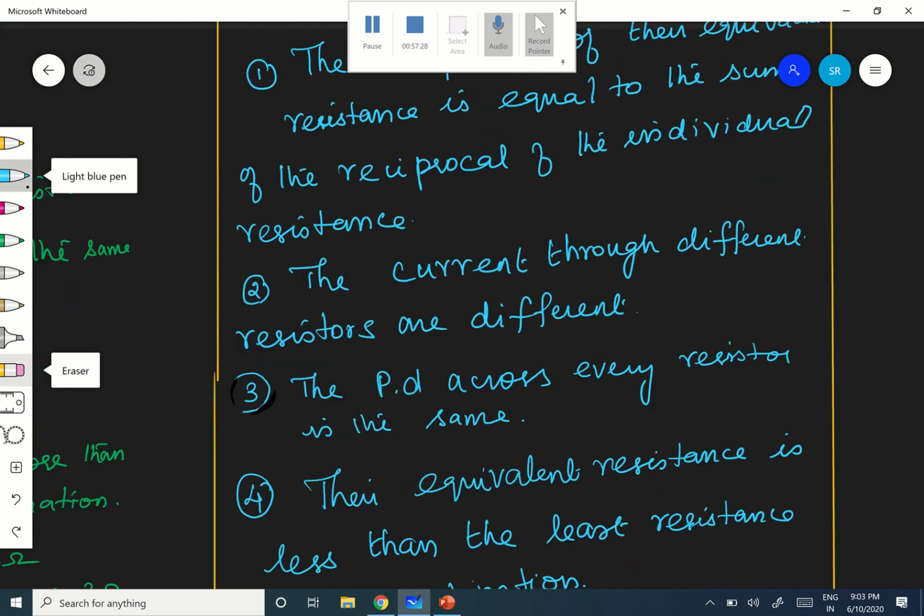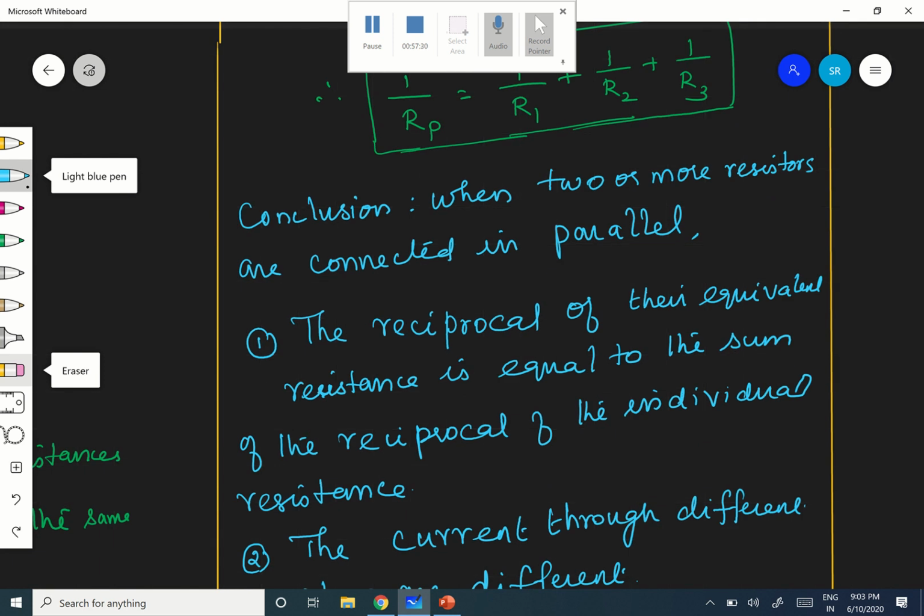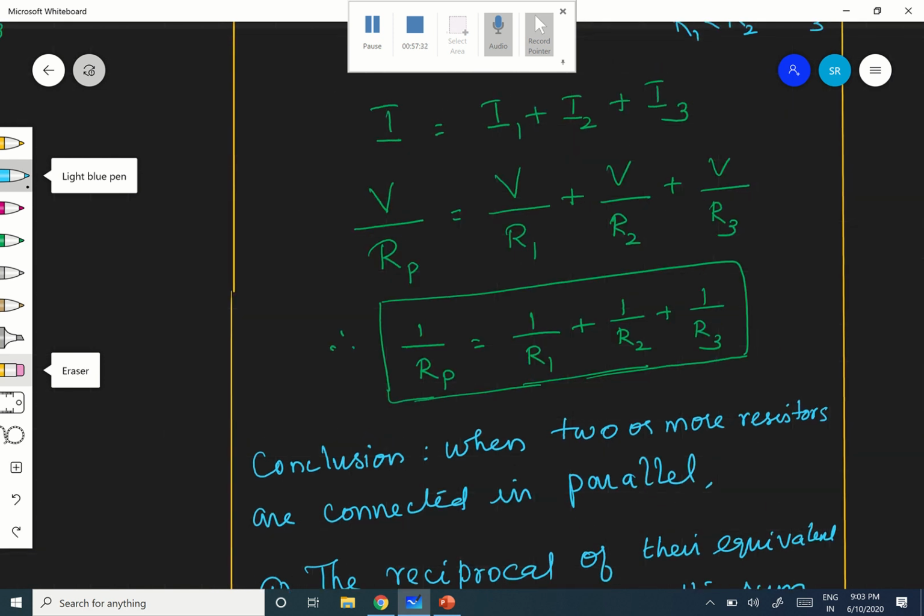If there are more resistors, 1 by RP can be written as the sum over i from 1 to n of 1 by Ri, correct?